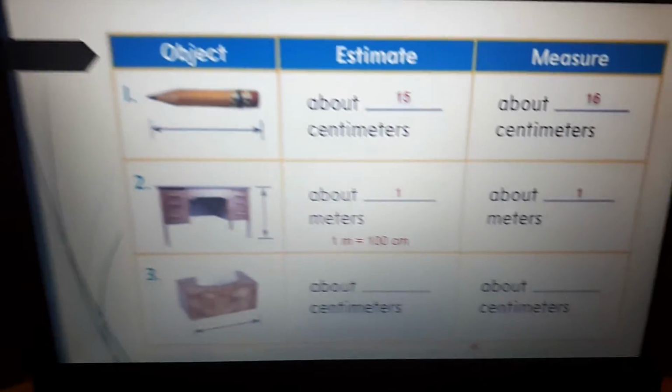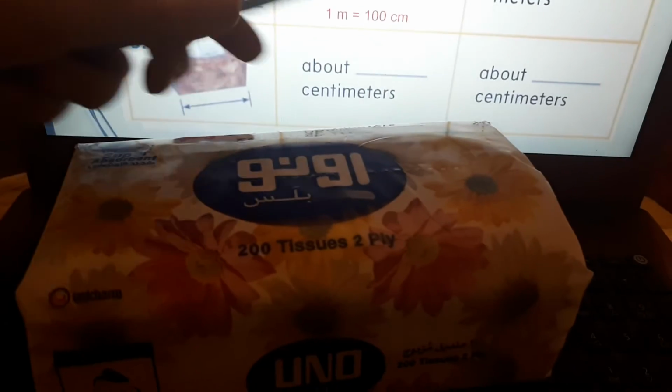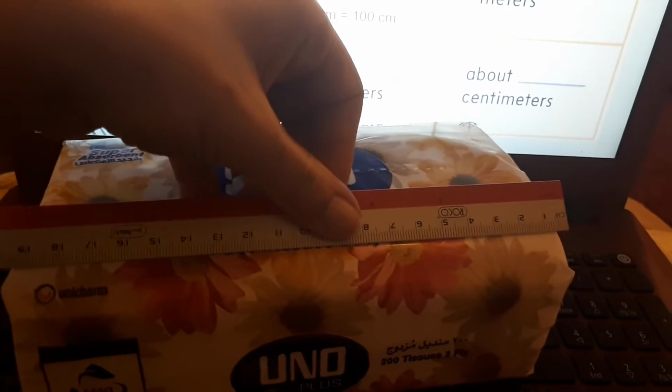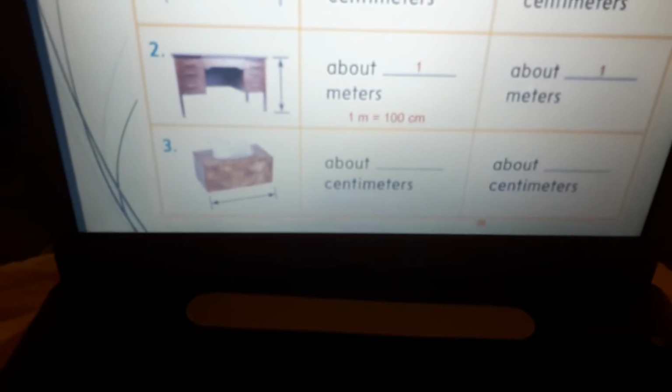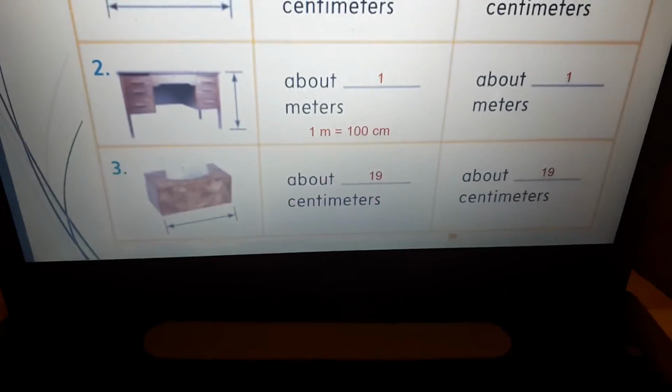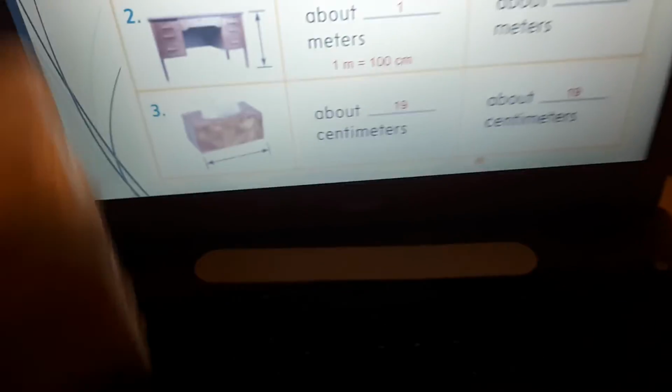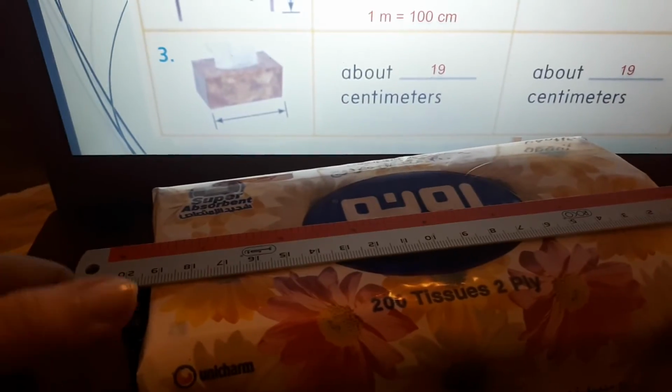Now here is the tissue box. You see this one? I will measure it. It's 20 centimeters. No, 19 centimeters. Let's measure it again. It's 19.